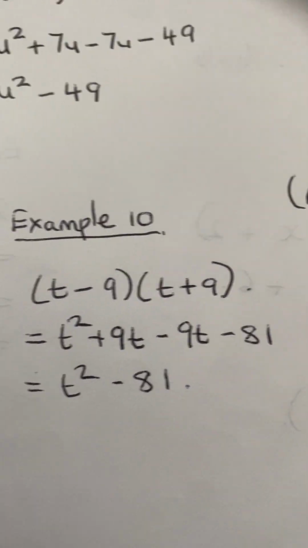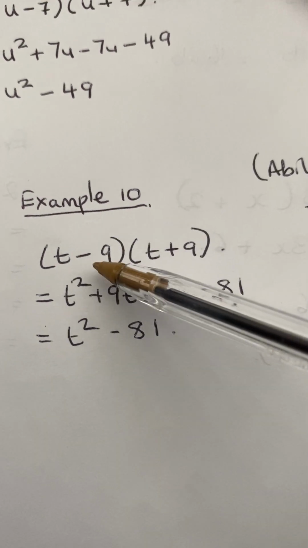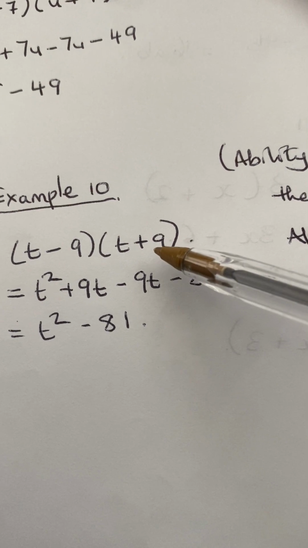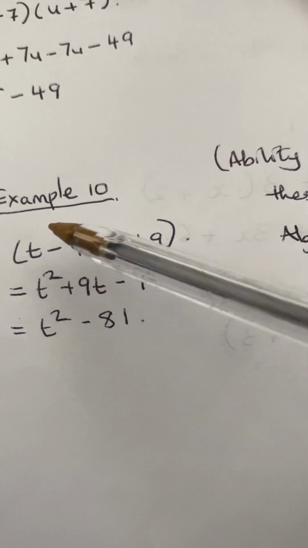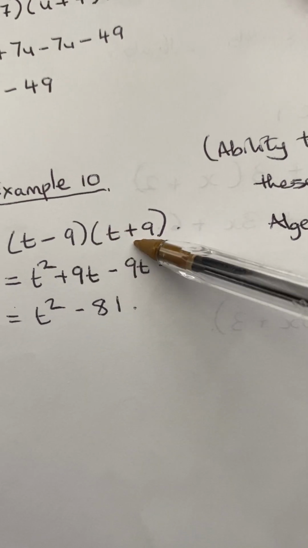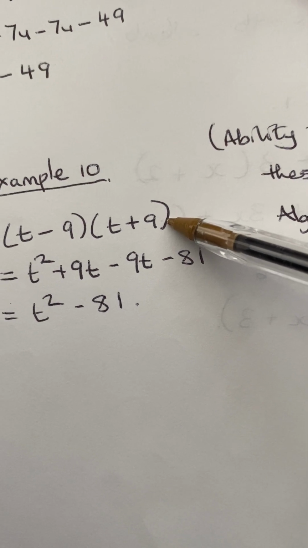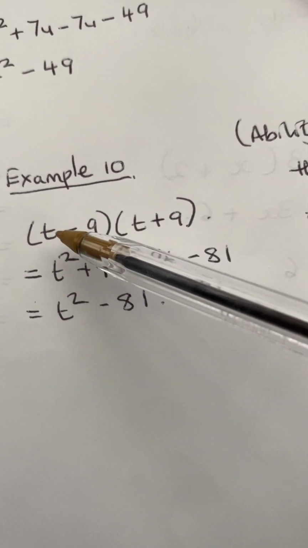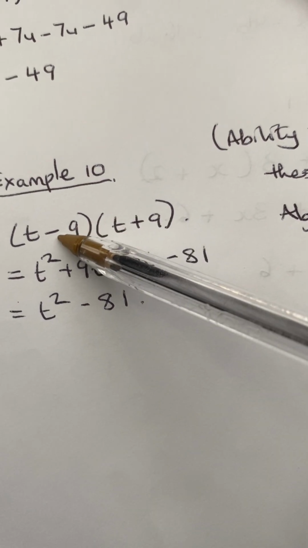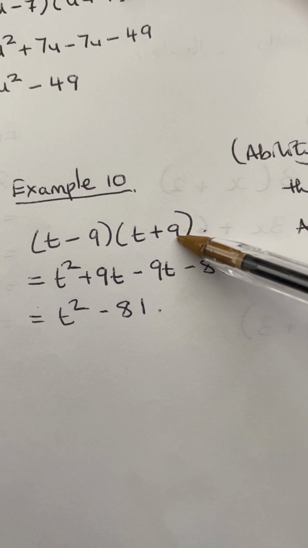Our last example. Okay. (t minus 9)(t plus 9), t minus 9 in the first bracket, t plus 9 in the second bracket. Now t will multiply everything in this bracket, minus 9 will multiply everything in this bracket.